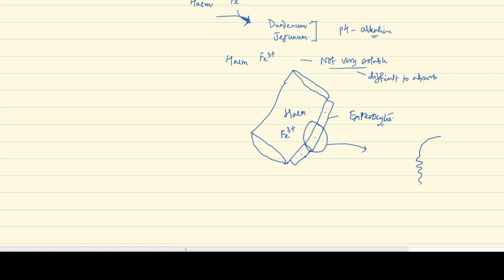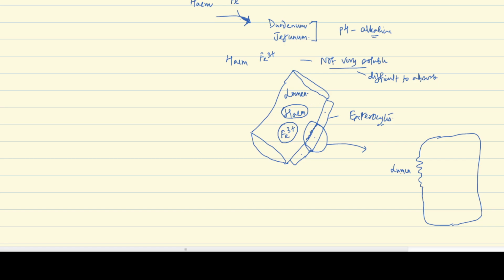There is a brush border facing the lumen, and then there is a basal layer. So this is the lumen. Here is the brush border that we have drawn here, so that the ferric form and the heme are present within the lumen.